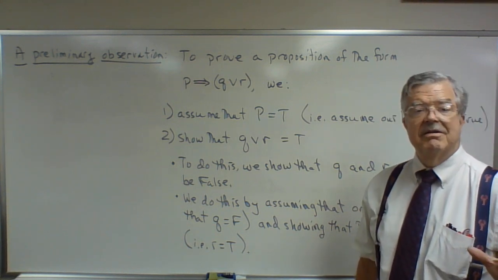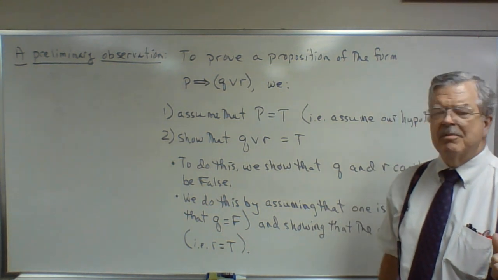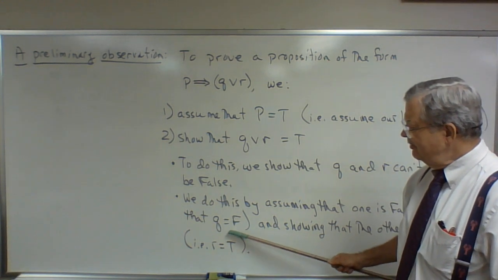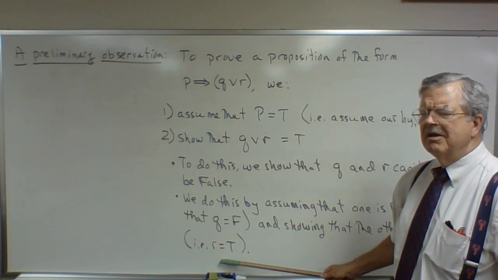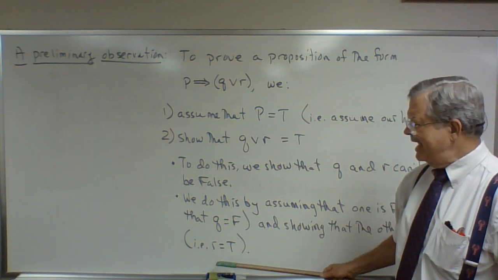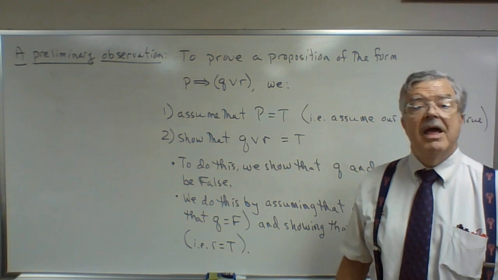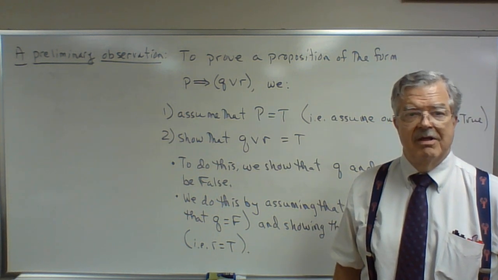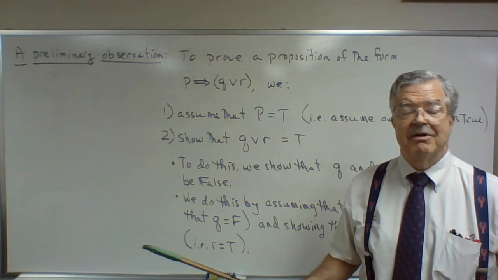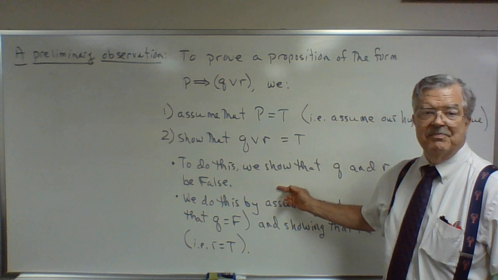And the class ended, and I walked out bewildered, and I mentioned this to some of my classmates. Well, he showed that if Q is false, then R is true, but doesn't he have to turn around and now show that if R is false, Q has to be true? And they were just as bewildered as I was. Doctoral students, and none of us knew this.